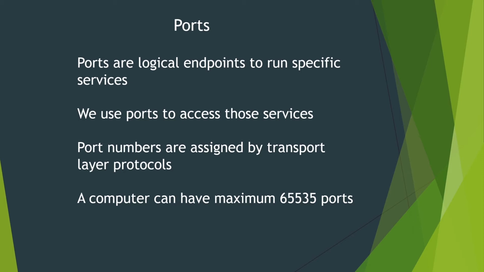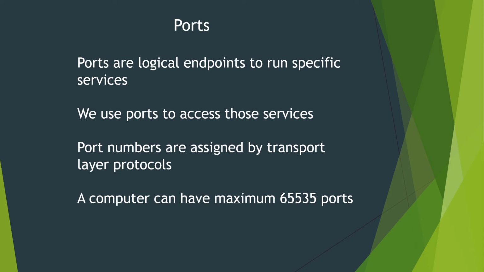So a building is like a computer, and in that building you will have so many rooms, right? And each room can be identified as a port number. And if a mail delivery man wants to deliver mail to you, then he comes to your building. That means he approaches your computer and then delivers to your particular room.